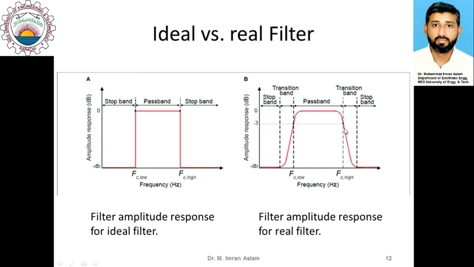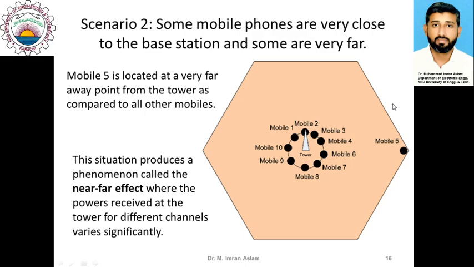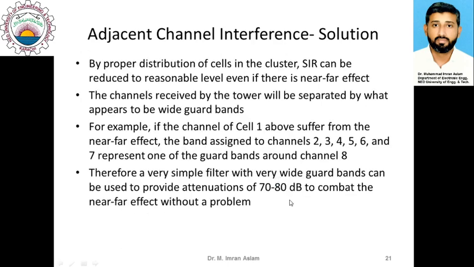If we do not have a gap, we can have a 20 dB stop band value, but if we produce the gap with this type of frequency assignment, we can create an attenuation of 70 to 80 dB. 70 to 80 dB is a significant amount of attenuation to extract the original signal from the adjacent channel.